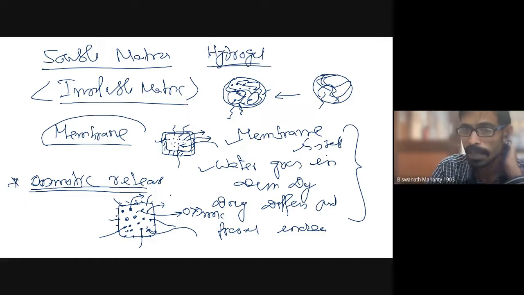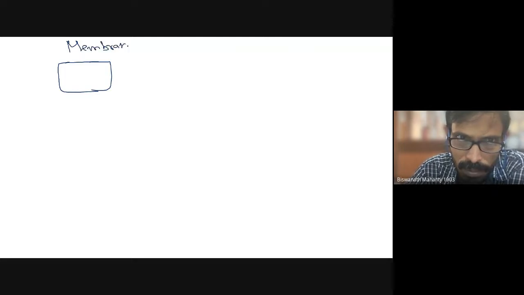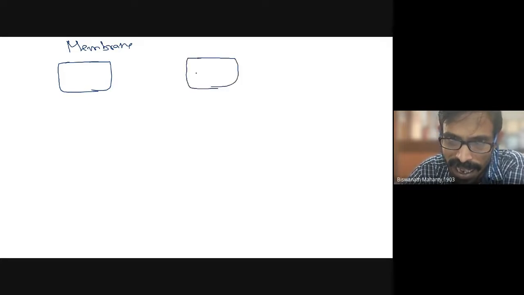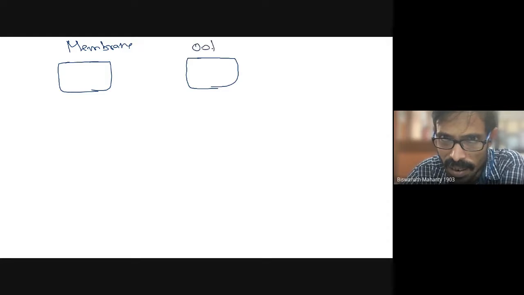So here, if I ask you what is the principal difference between the earlier one, membrane, and osmotic release, the very simple difference is in the mechanism involved. So this is membrane. Why am I discussing the difference? Because normally we need to have questions which are very much specific, right? And this is osmotic release.